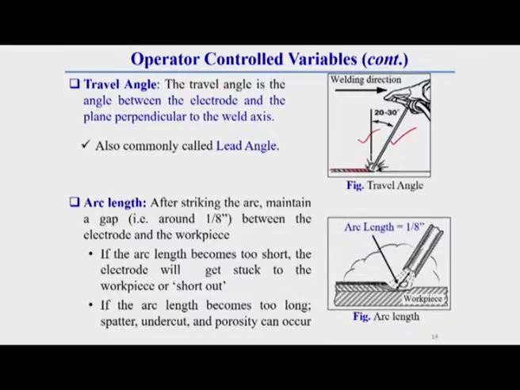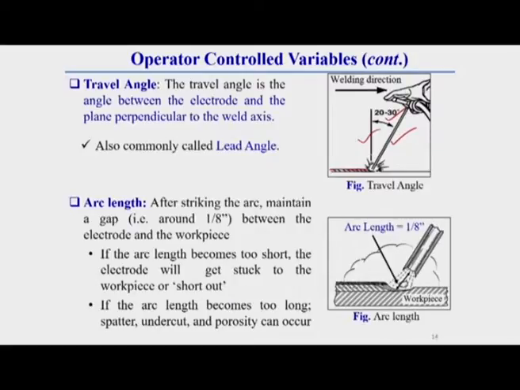Once you provide a perpendicular plane, whatever the angle is between this perpendicular plane and the electrode, that is called travel angle. This is also known as lead angle. You should also know what the range of this travel angle should be. Travel angle generally varies within a range of 20 to 30 degrees, as it is showing here for this type of welding operation.